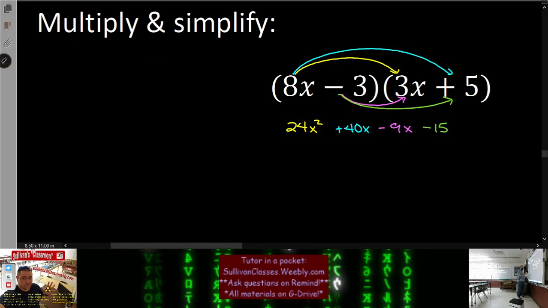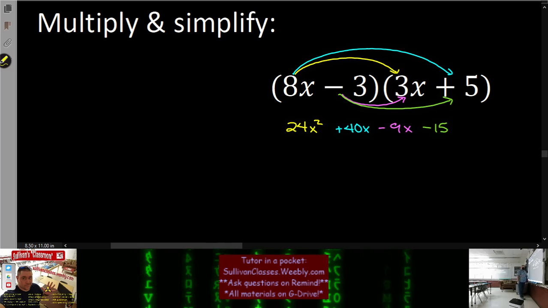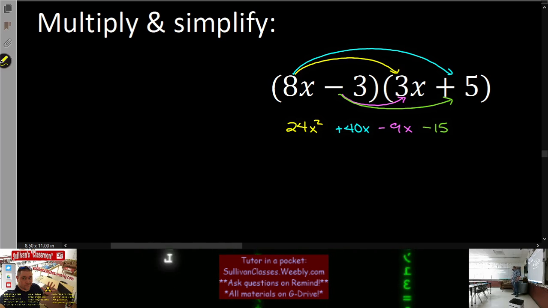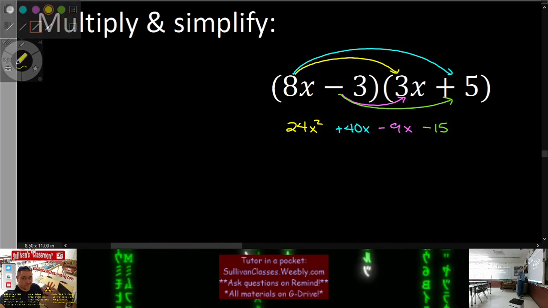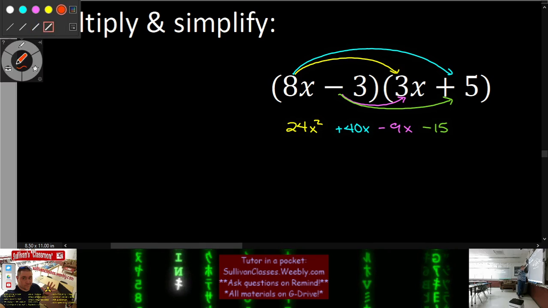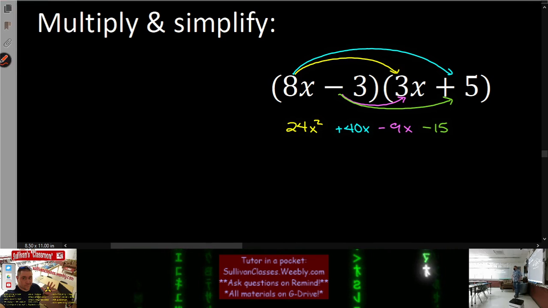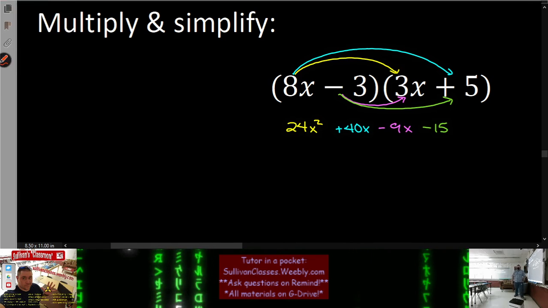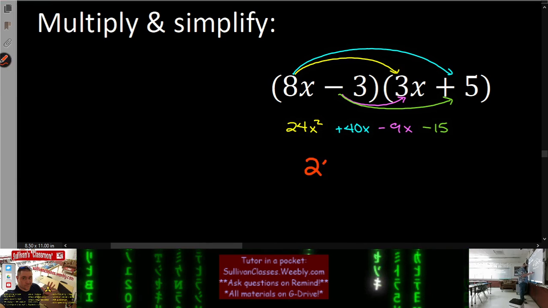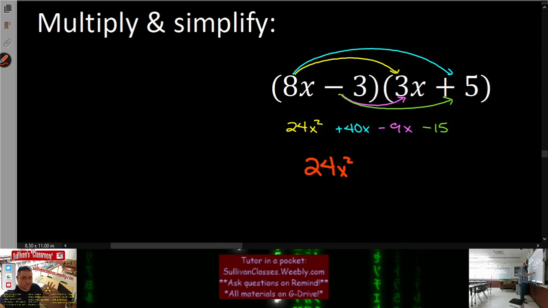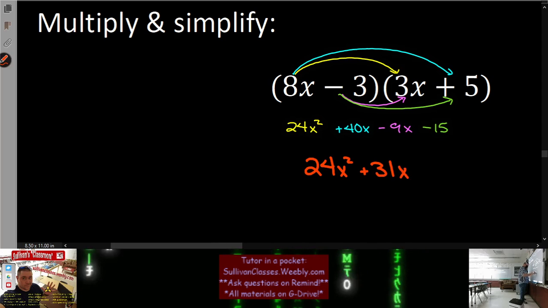Since there were two terms in the first binomial, I have to distribute twice. Just watch your signs. And then, before I can call it done, are any of those like terms? Yes. 40x minus 9x. And that's 31x.